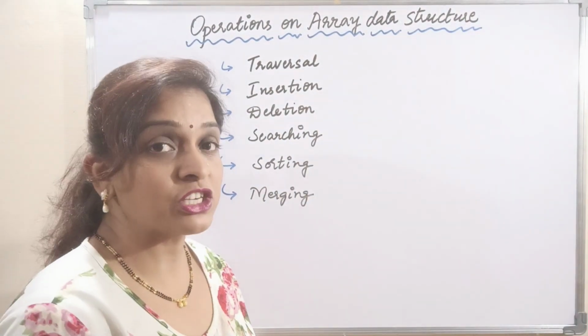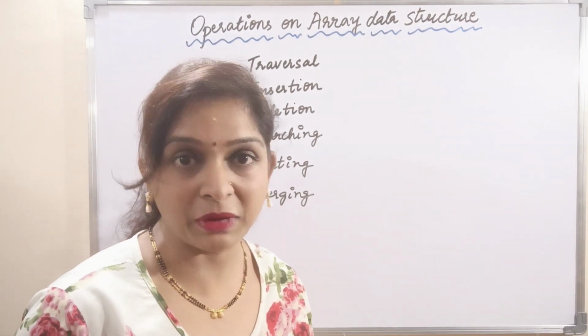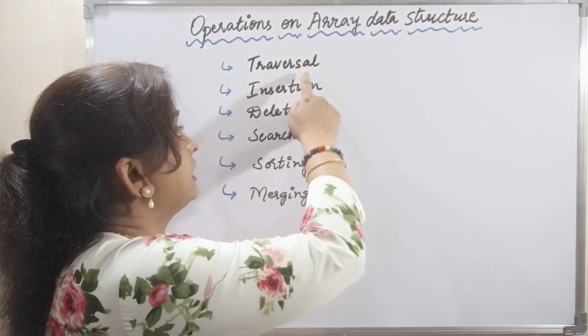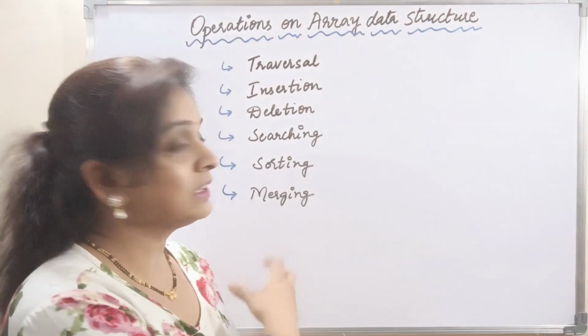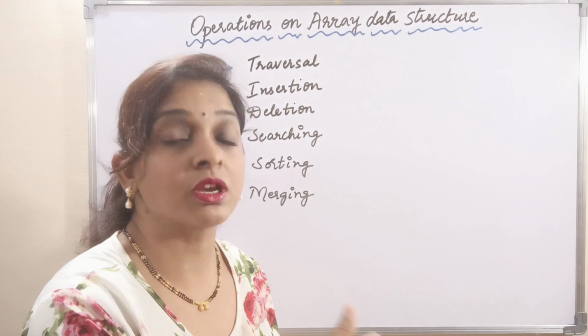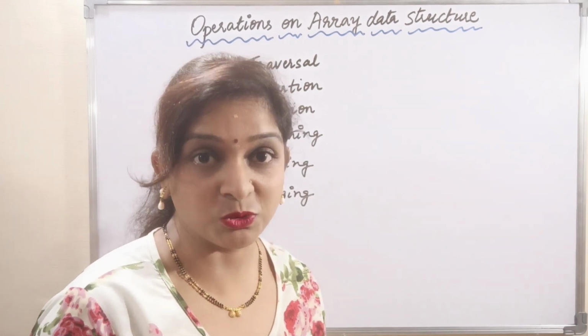All the definitions of these operations have also been discussed. Please do check out the playlist. In today's video, we will discuss the operation called traversal. All these operations will be dealt with separately in separate videos one by one with algorithm, program and execution.